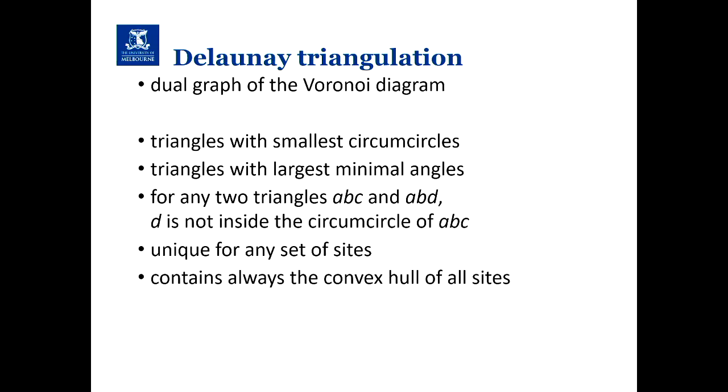It's the dual graph of the Voronoi diagram, and it has these main conditions. It has the smallest circumcircles. I'm creating triangles with the smallest circumcircles, and also triangles with the largest minimal angles.